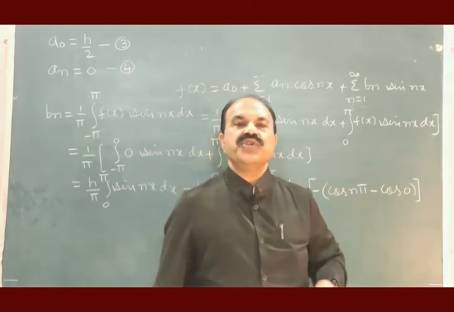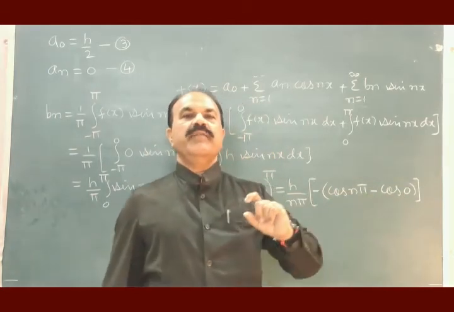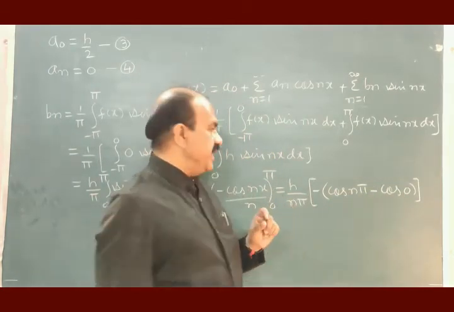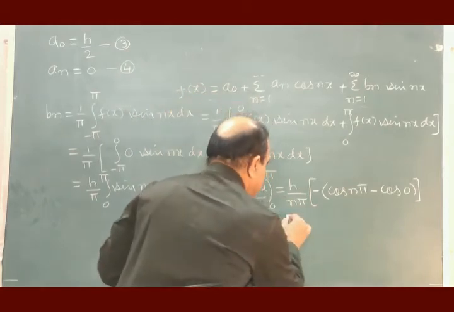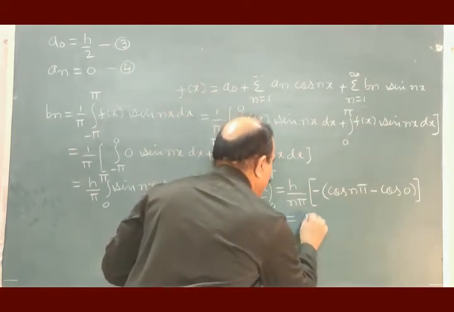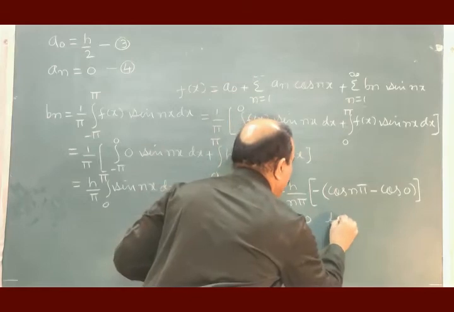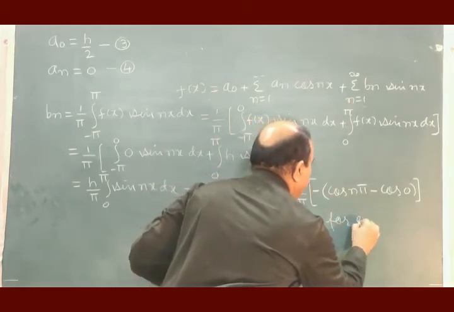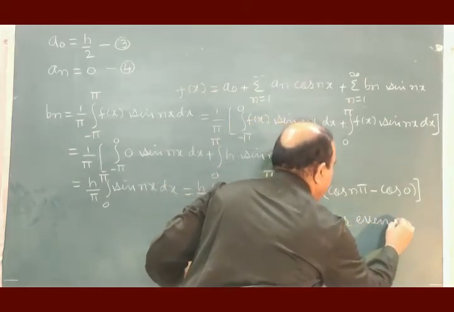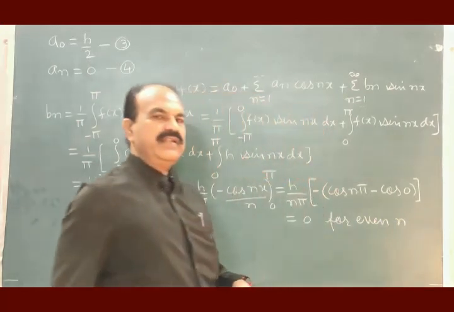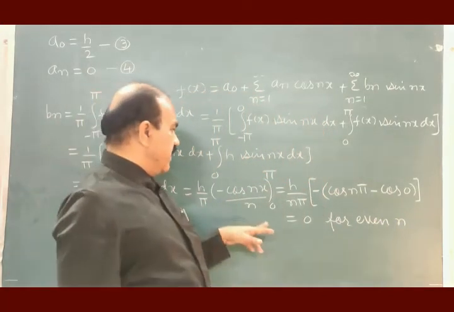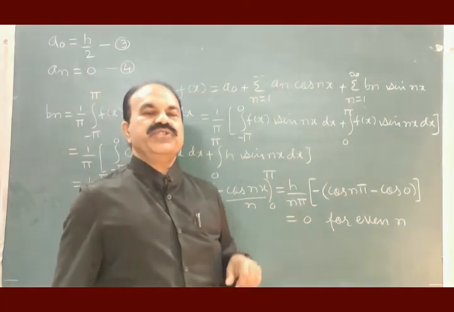What is cos 0? It is 1. 1 minus 1, 0. It means that this will be equal to 0 for even n. If n is even, this will be equal to 0.